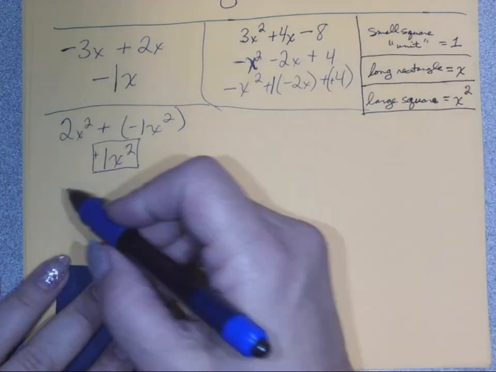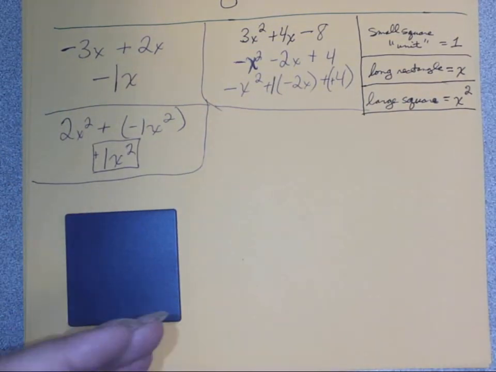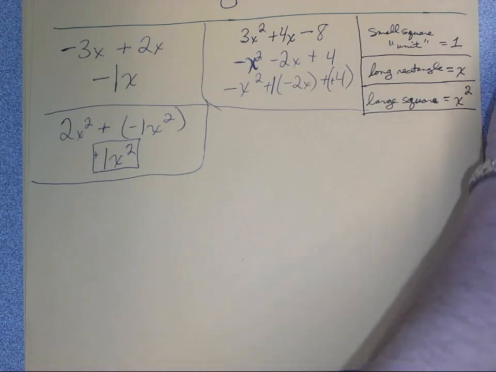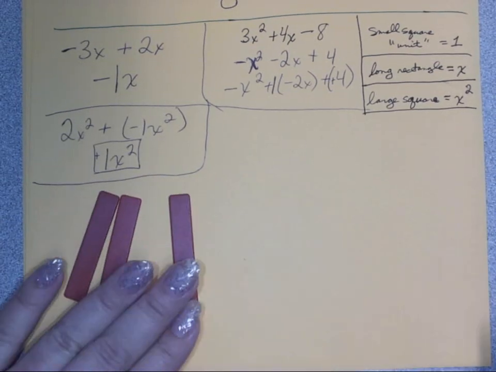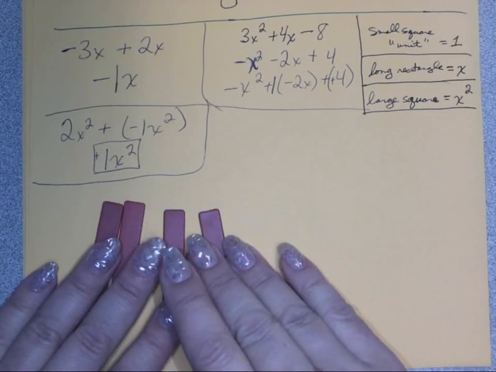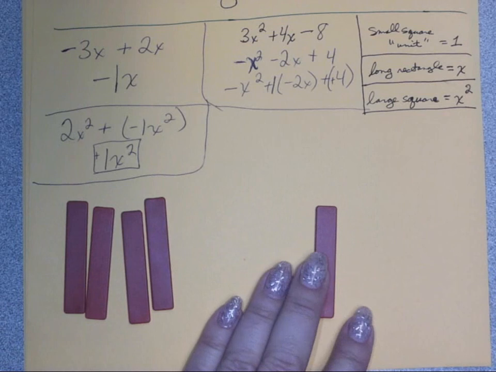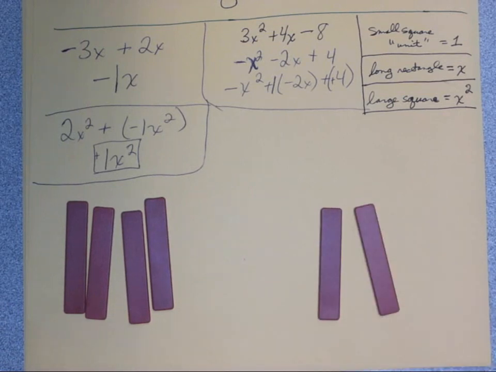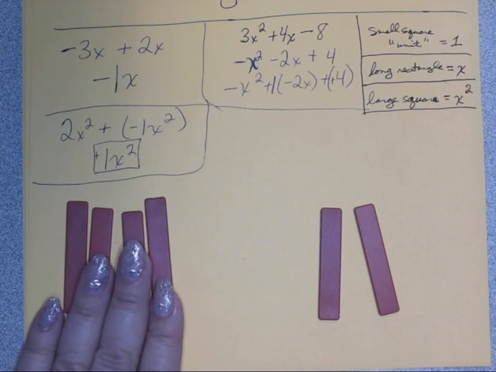Okay, so those were the opposite signs. Well, what if they were the negative, or the same signs? So what if I put down this group, that's one group, and then I also put down on the mat this group. Okay, so what am I representing?